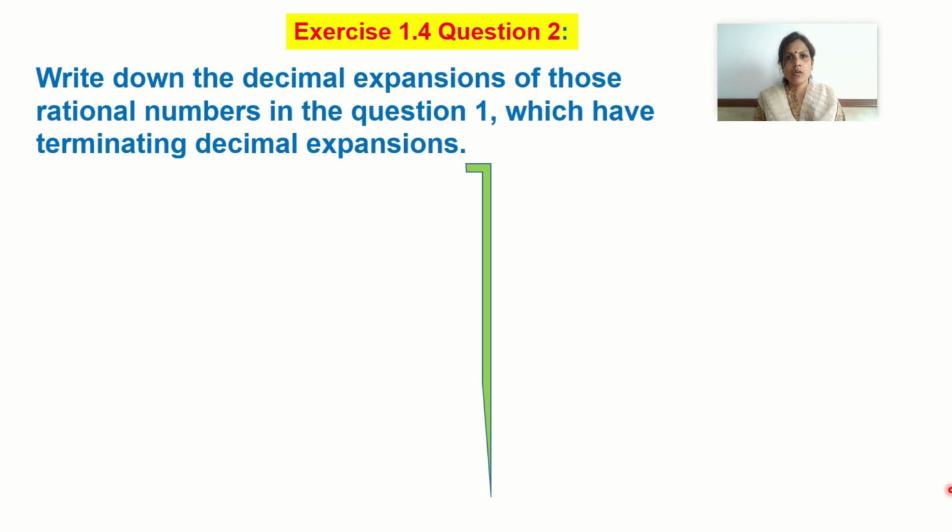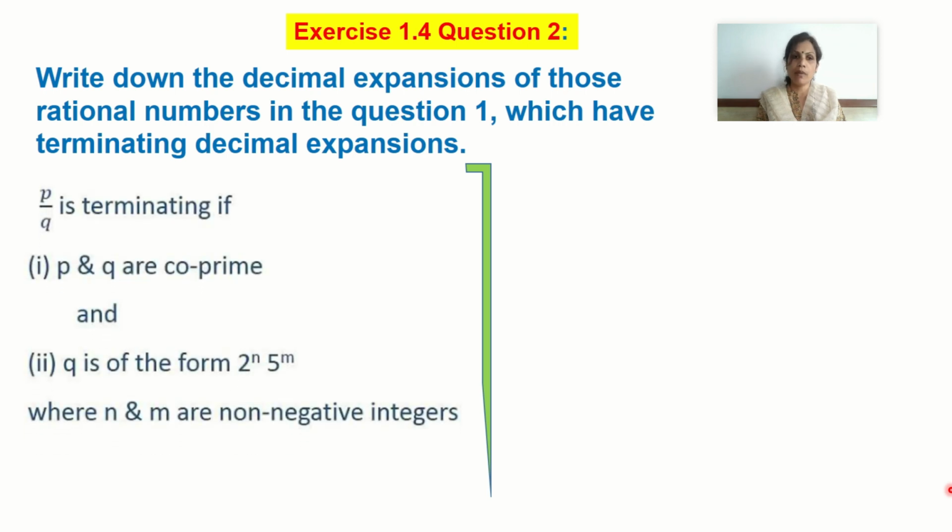So in question number 1 we were given certain rational numbers which were written in the form of p by q, and we were asked just to identify whether these rational numbers have terminating decimal expansions. And to find out that, we made use of two rules: if we are given the rational number in the form p by q, and p and q are co-primes, that means they will have only one common factor and that common factor will be 1, and q, the denominator of the fraction, is in the form 2 raised to n, 5 raised to m.